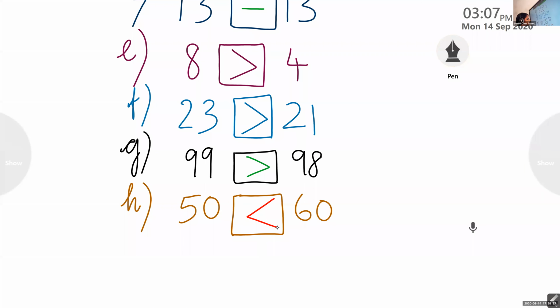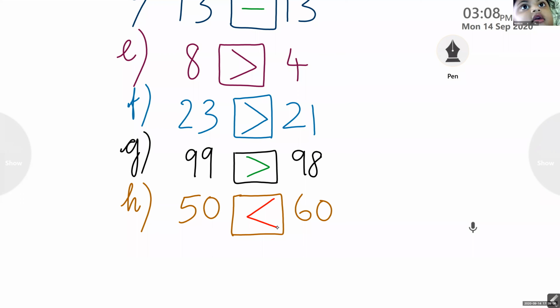Which symbol is this? It looks like an L, no? So what will come? Yes, the landing is there for the L. So 50 is smaller or bigger than 60?